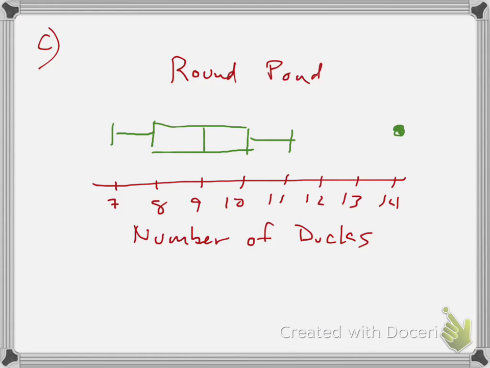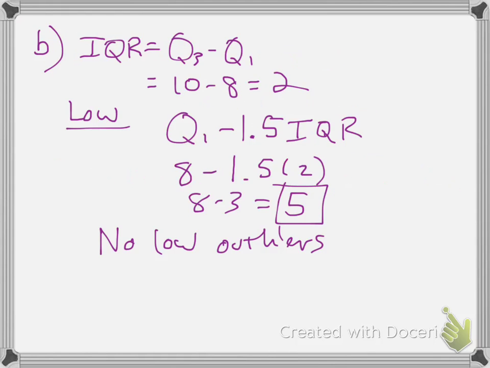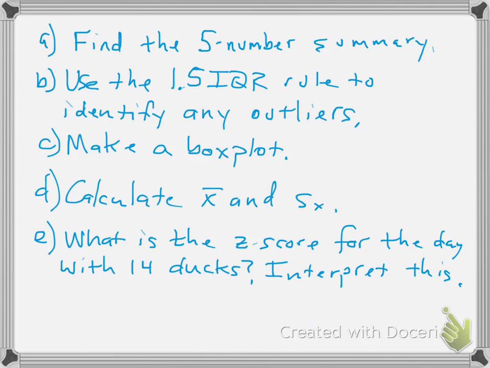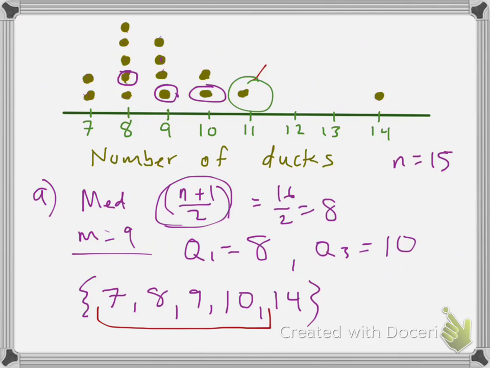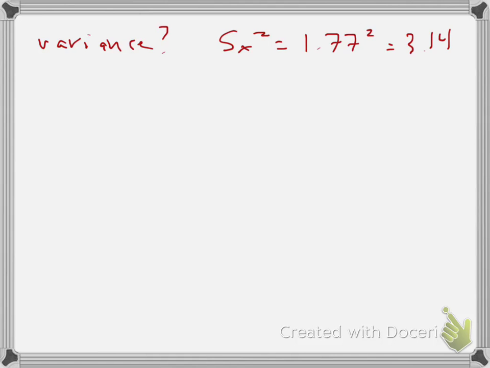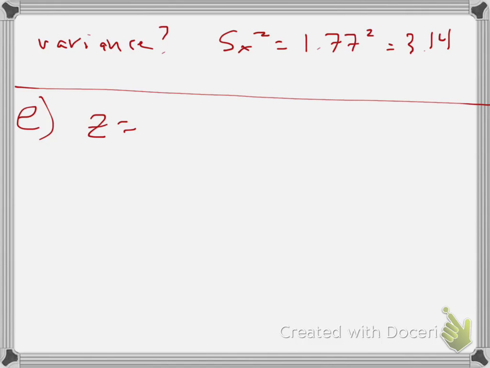Okay, so the last question here on this problem, going all the way back to all the work that I've done, was E. What is the z-score for the day with 14 ducks? And interpret this. So part E, the z-score, let's remember, is always going to be the data point minus the mean divided by the standard deviation. And we learned that there are 2 ways to represent the mean and the standard deviation, depending on if I'm talking about a sample or the population.